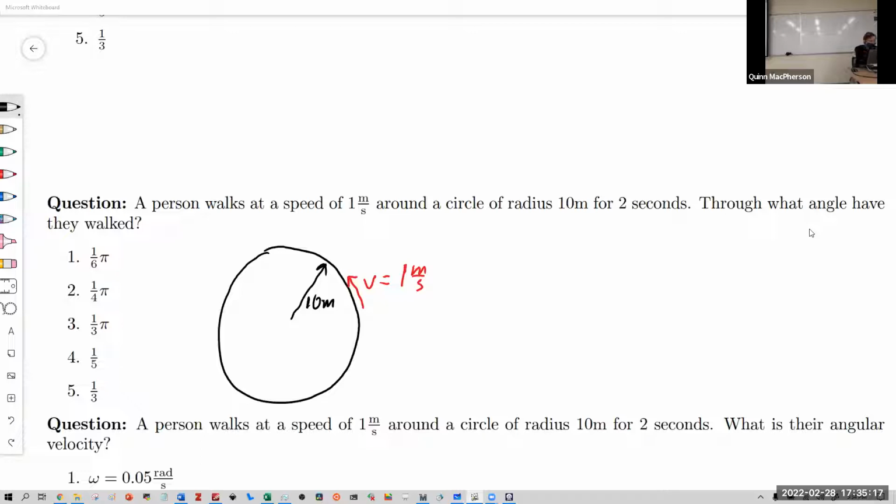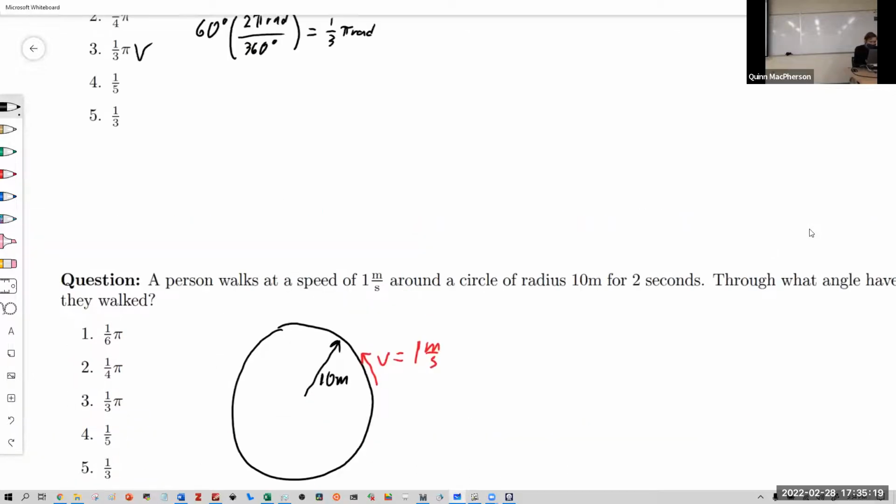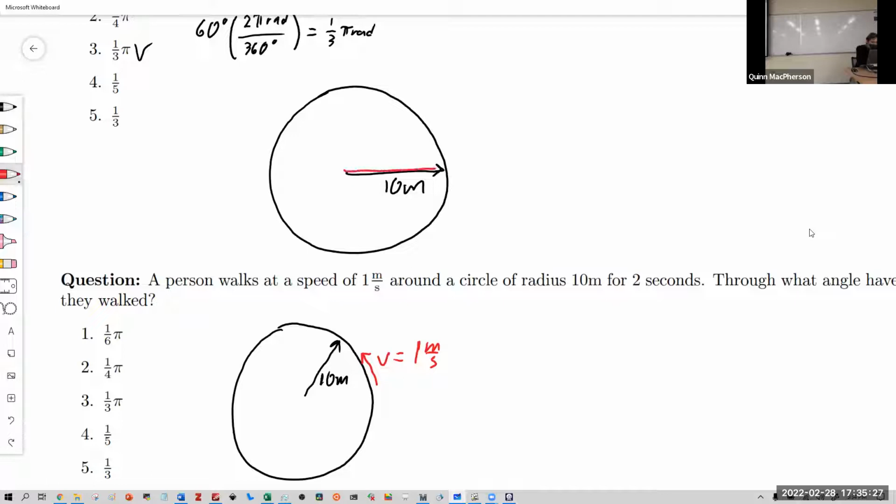So we have a circle. The circle has a radius of 10 meters. If we take a string that's 10 meters long and we wrap it around, that will go 1 radian. So this distance here is 10 meters, correct?